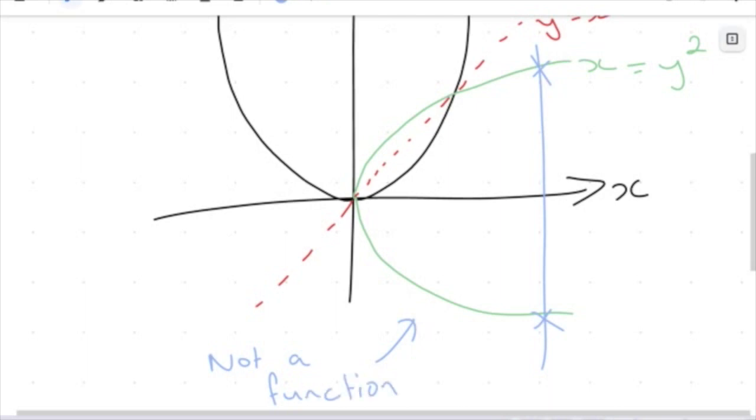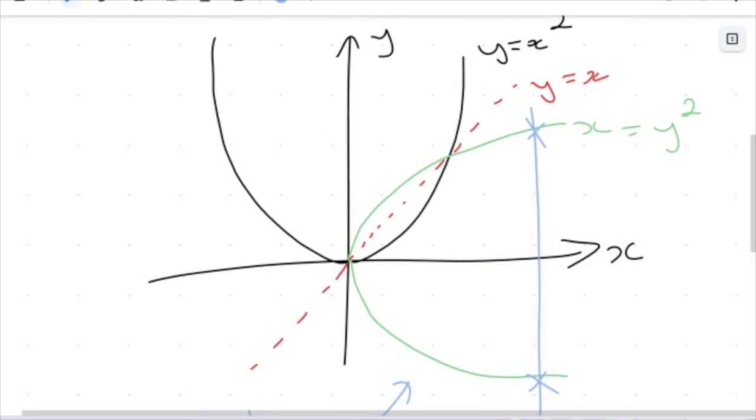It resembles an inverse in the sense of the x and y having opposite roles, switching roles, and it reflects along this line, but this graph here is no longer a function. It fails the vertical line test. So this is the equivalent.